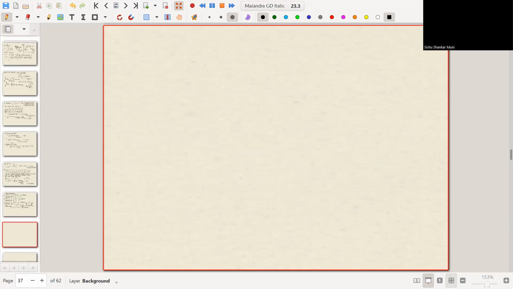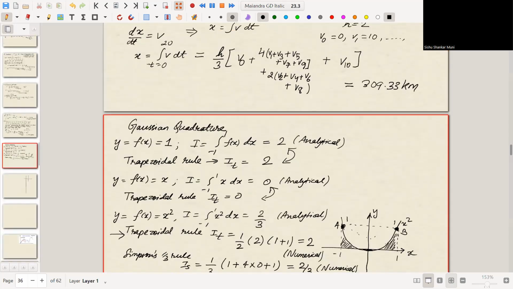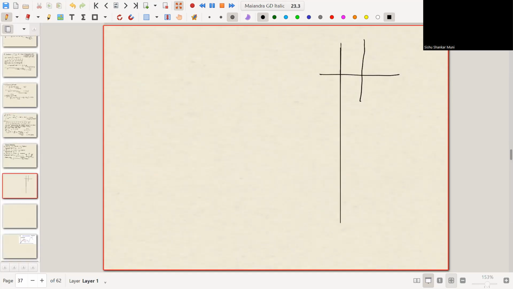So it's the same idea. Assume that this is x square. Take different points.